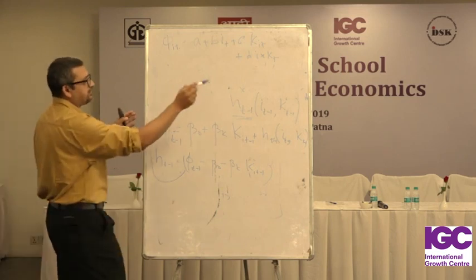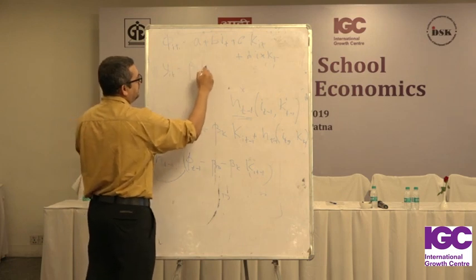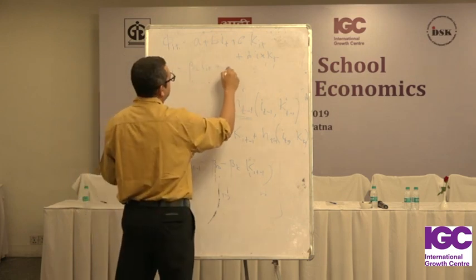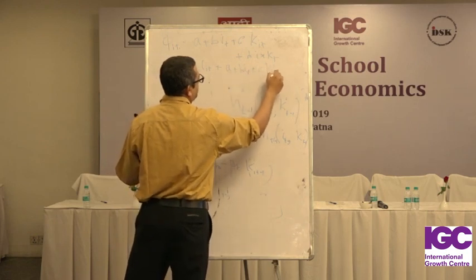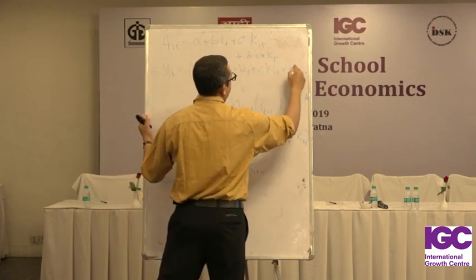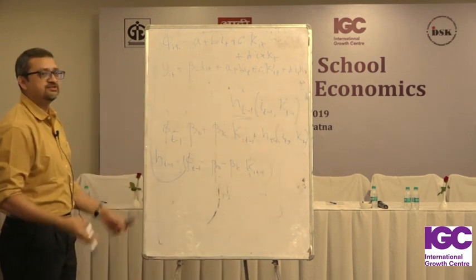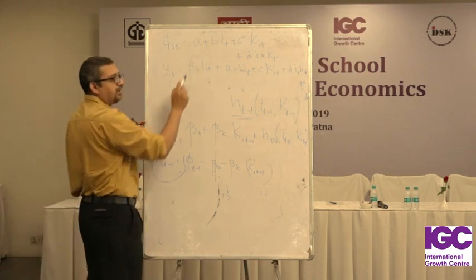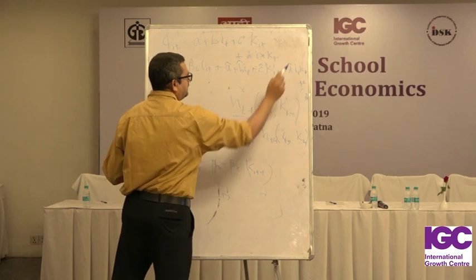So now let's substitute that. So you get y it equal to beta L l it plus a plus b i it plus c k it plus d i it times k it plus the error term. I run the OLS estimation, I get beta L hat, I get a hat, b hat, c hat, d hat.